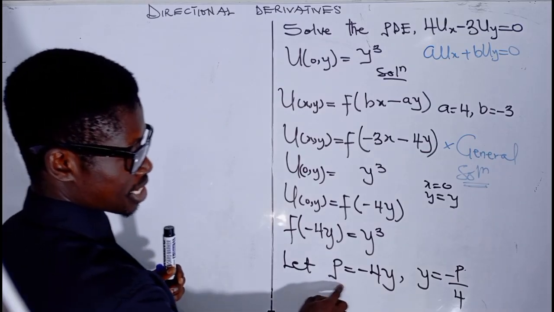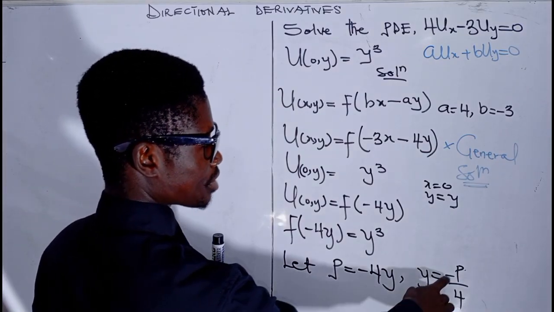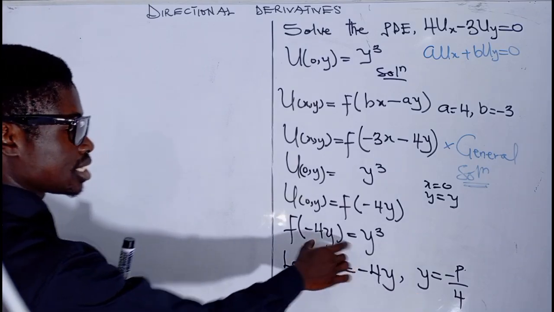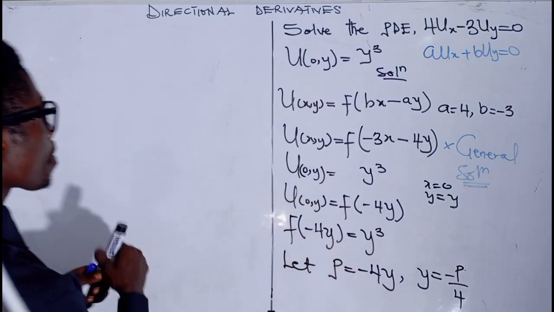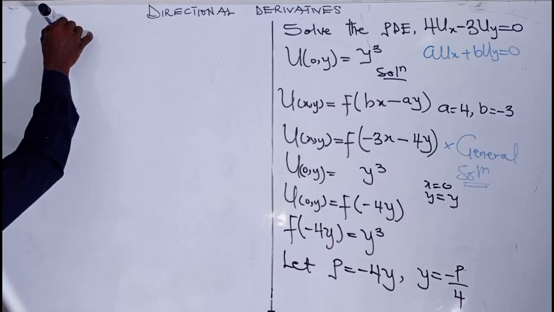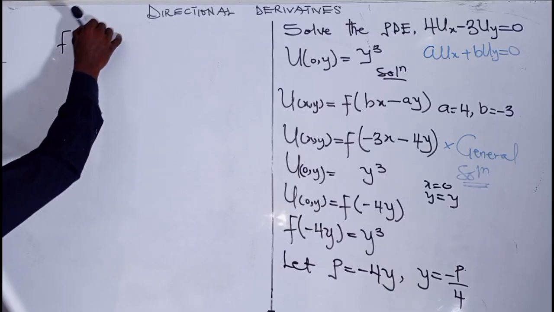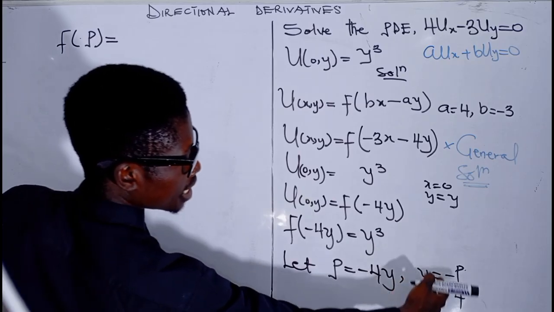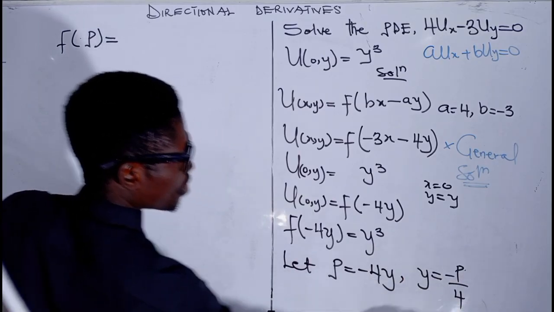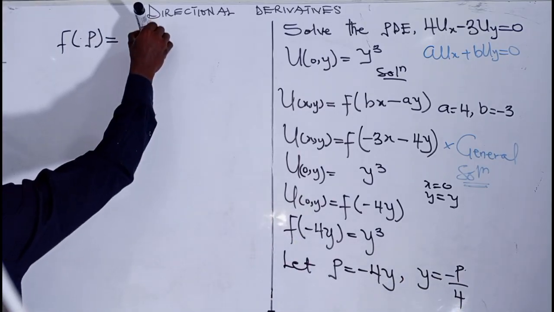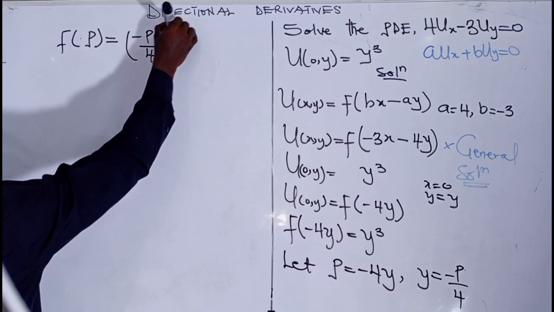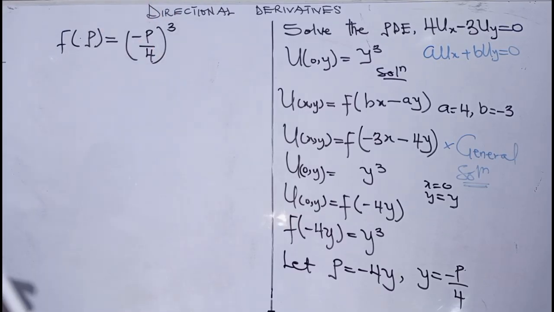So once you have your p is equal to minus 4y and your y is equal to minus p over 4, we substitute this into this equation. So we have f of p is equal to y cube, and we are saying that y is minus p over 4, so we are going to have minus p all over 4 all raised to the power of 3.